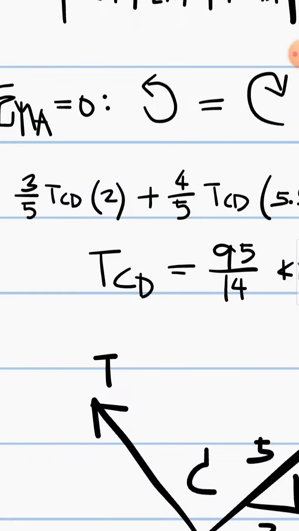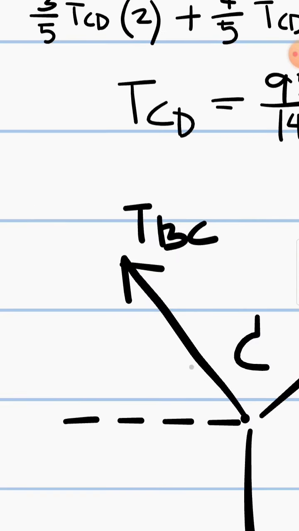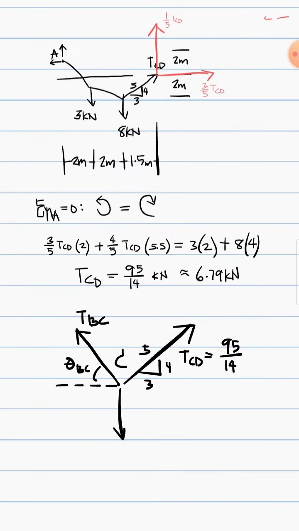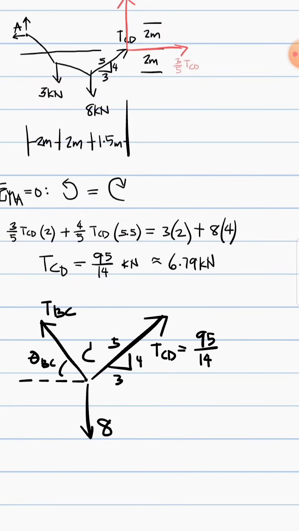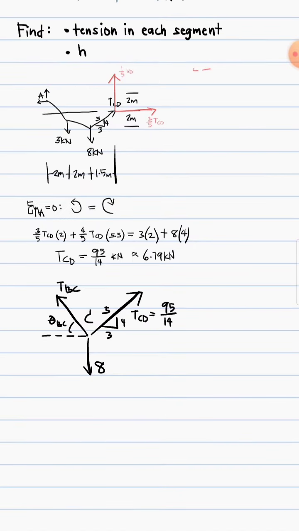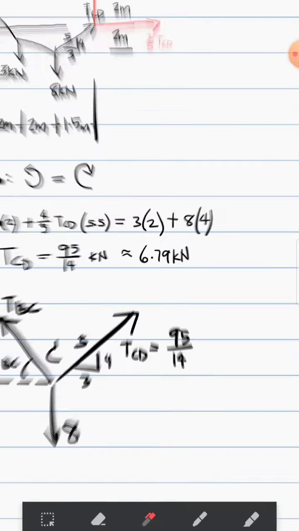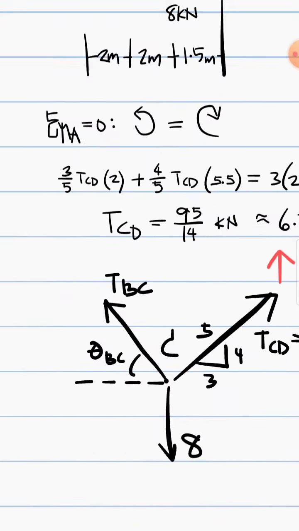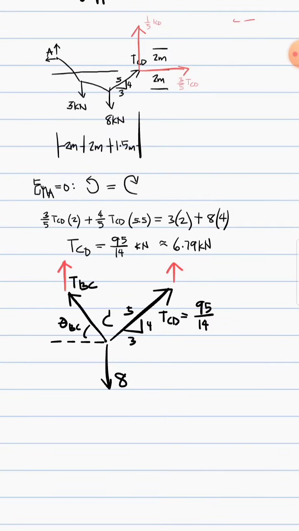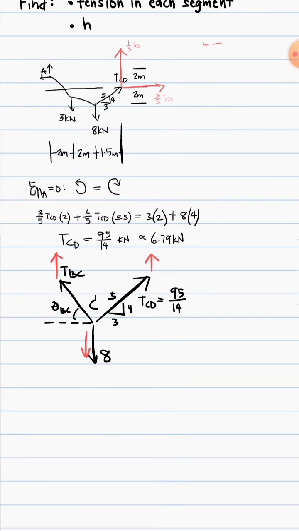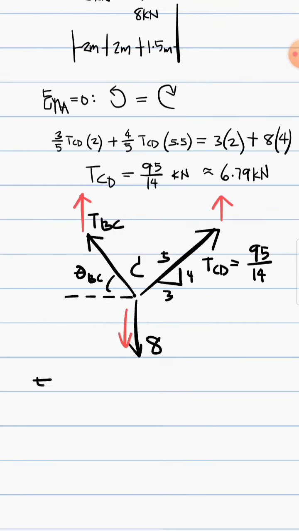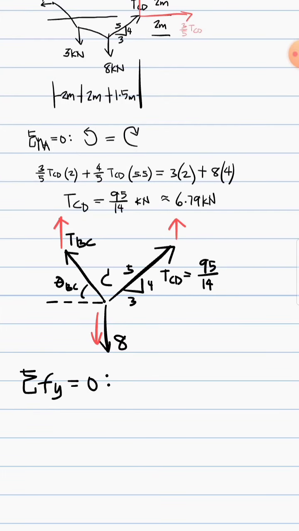So this is tension BC. This is angle theta BC. We don't know that, but we know this 8 kN and 95/14. So if we sum all the forces in the Y direction, this has a Y component, also this one, that's the only forces acting. Sum all the forces in the Y direction and equate it to 0.